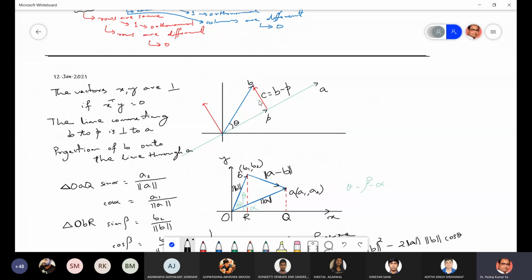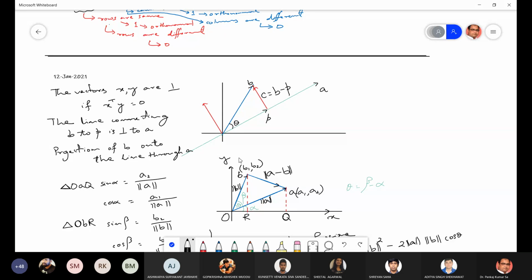Yeah, this diagram. What is this then? This is nothing but the vector B projected onto P equal to 0. The vector B projected onto P equal to 0.